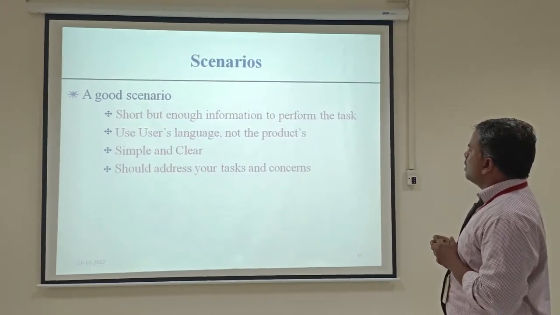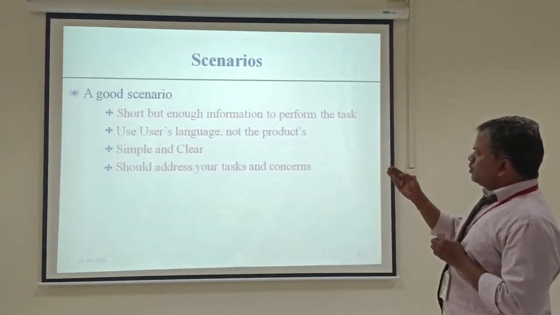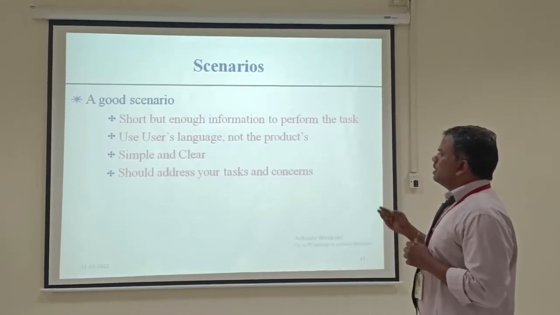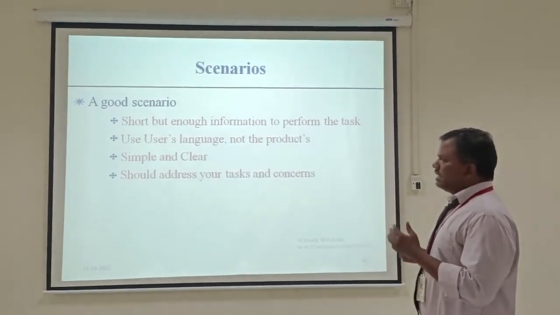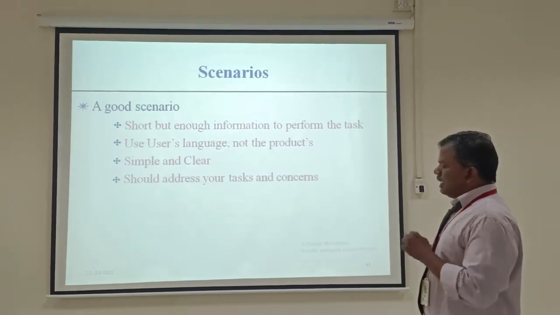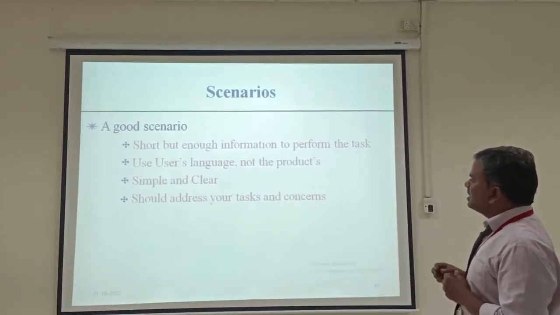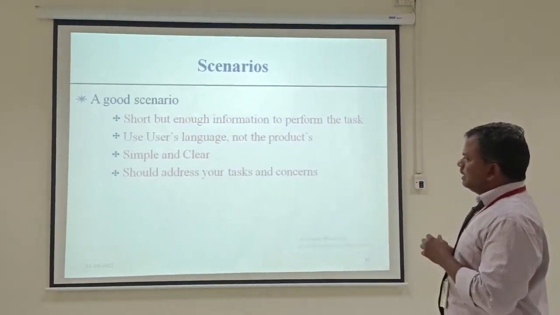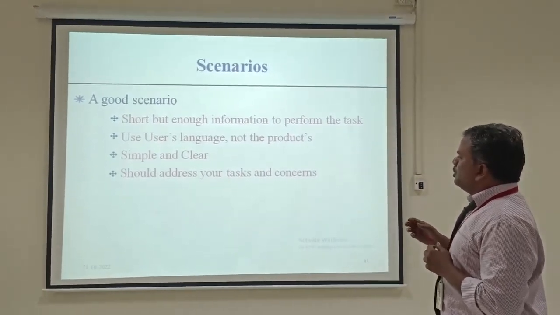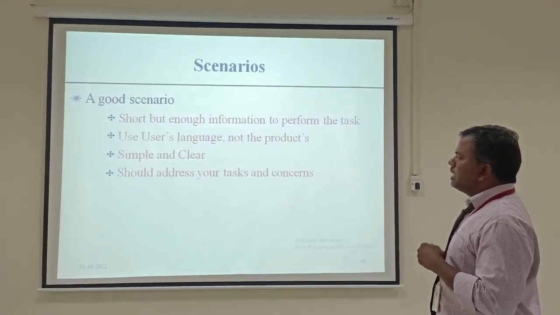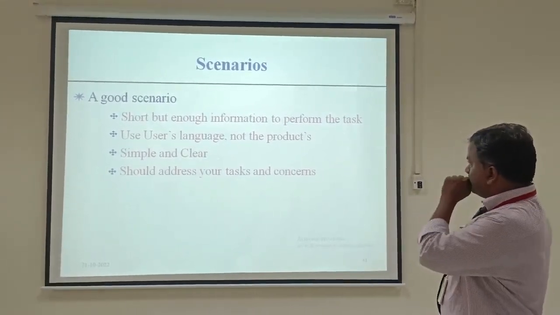Use the user's language, not product language. For a local language, use words the users easily understand. Simple and clear: the words are very simple English and clear for all the items. It should address your task and concerns.